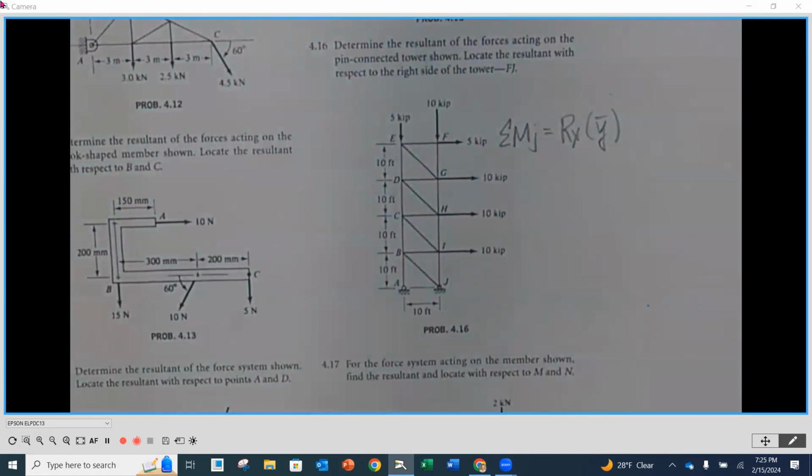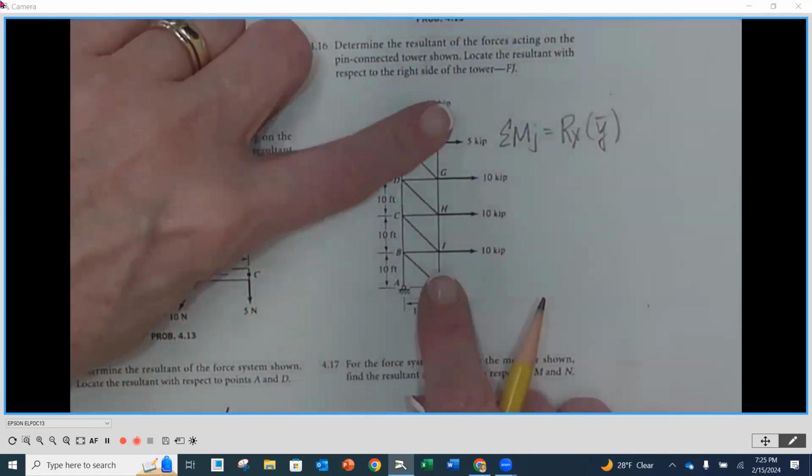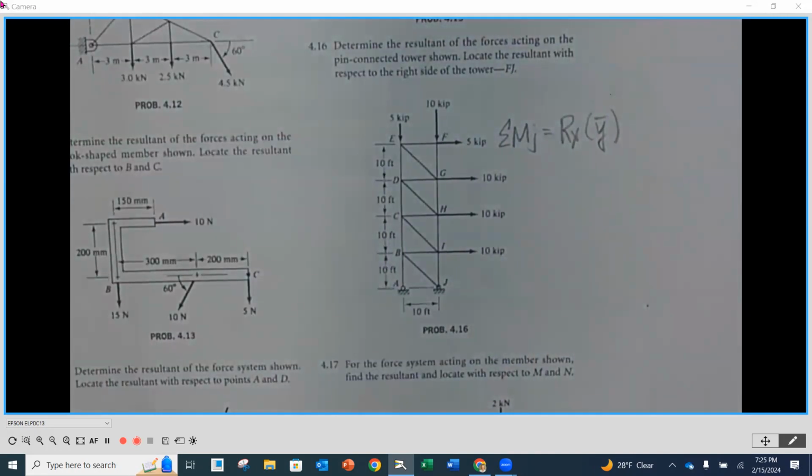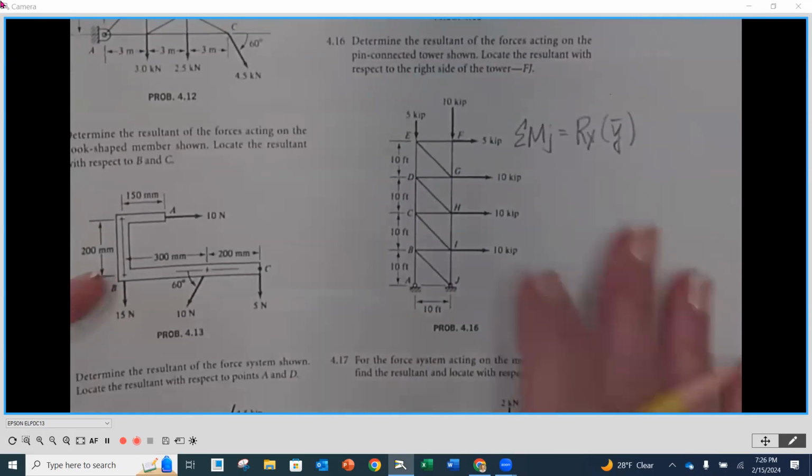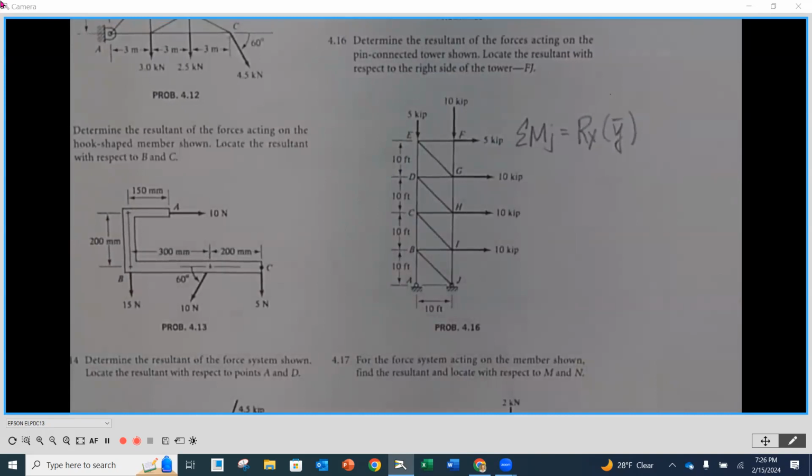You could either do F or J, whichever one you want, but it's going to be the X component of that resultant times the Y bar, because this time it's going to be a vertical distance along that line. Any questions on that?